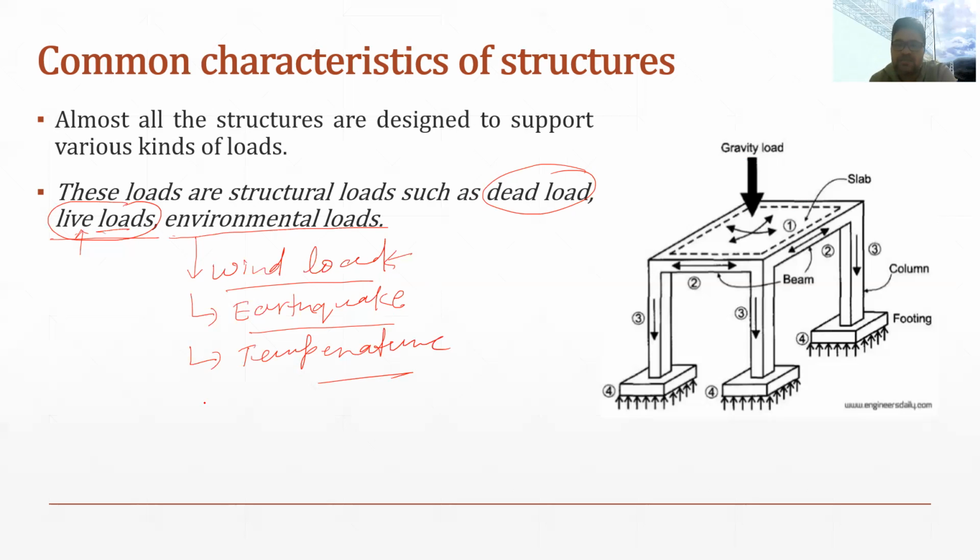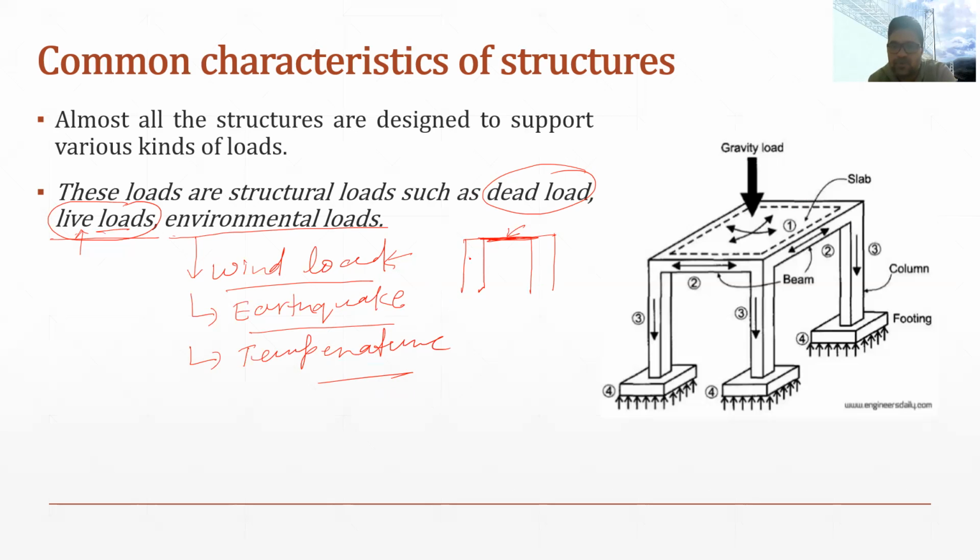Now we know that all the materials, when the temperature is high, they expand, and when the temperature is low, they try to contract. So for example, if there is a vertical body, and similarly another vertical body, and these two bodies are connected with a horizontal member, then when the temperature is high, this horizontal member will try to expand.